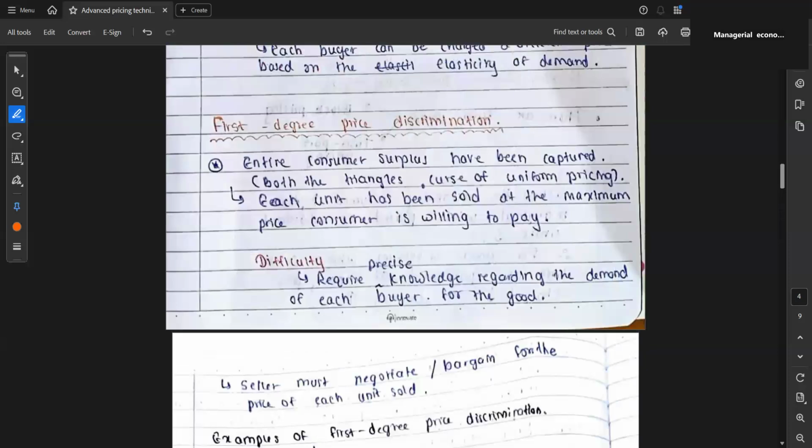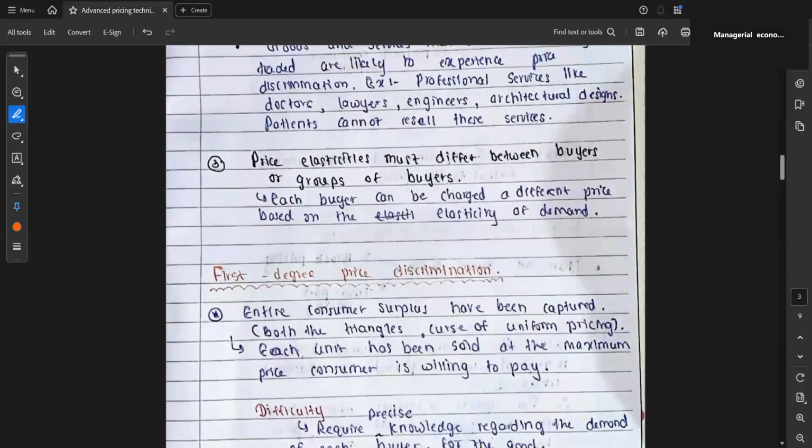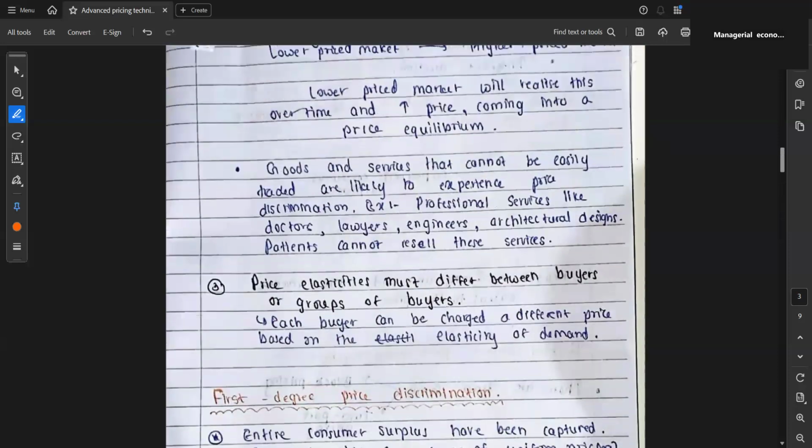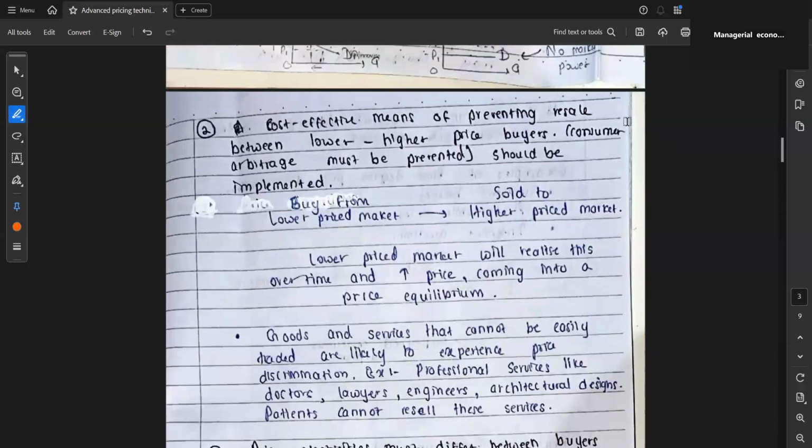Then the second factor is there should be cost-effective means to prevent consumer arbitrage.